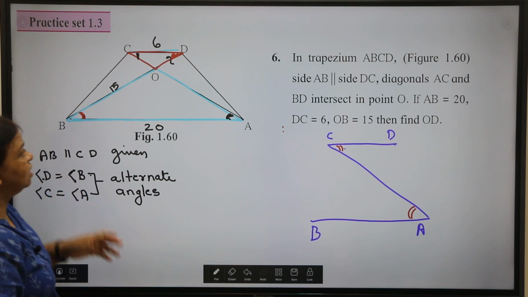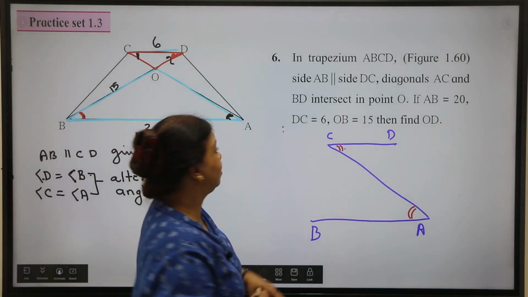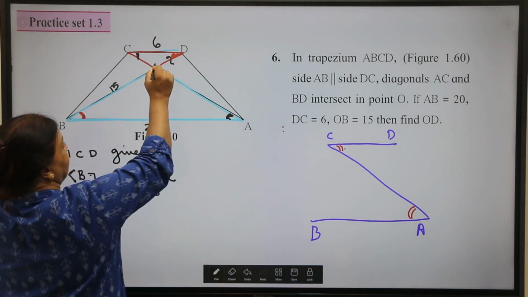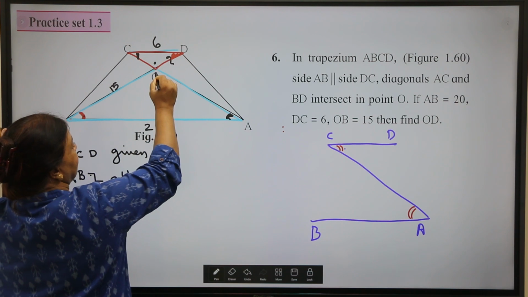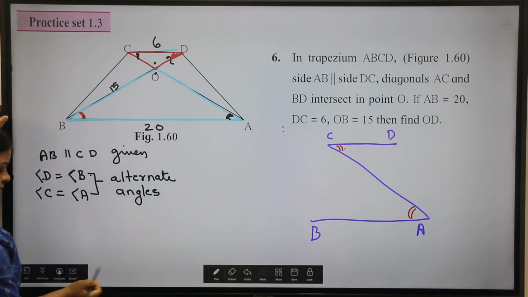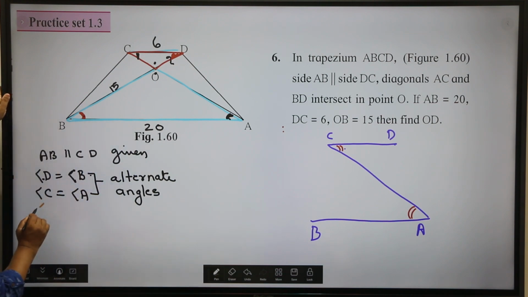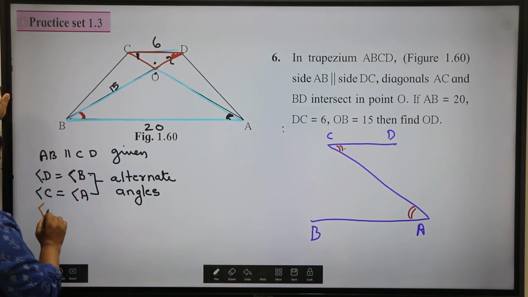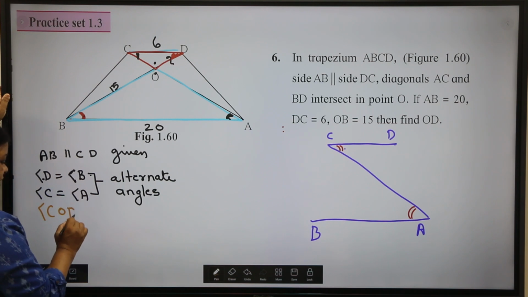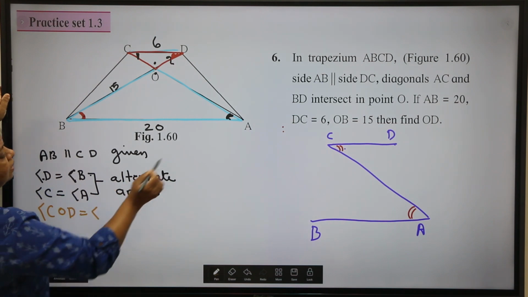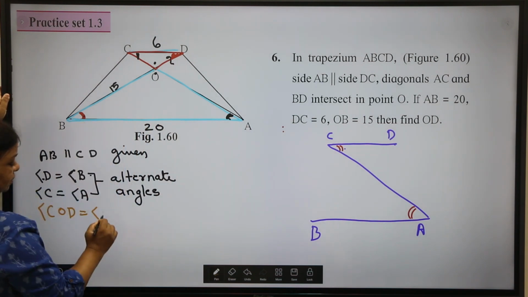Now this is enough for any two triangles to be similar, but one more angle we are getting equal. This angle is equal to this angle, vertically opposite angle. Let us write it. There is no harm in writing it. I can say that angle COD is equal to angle AOB.